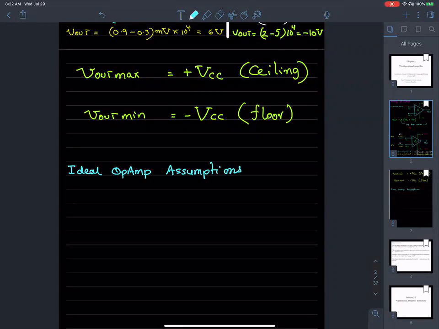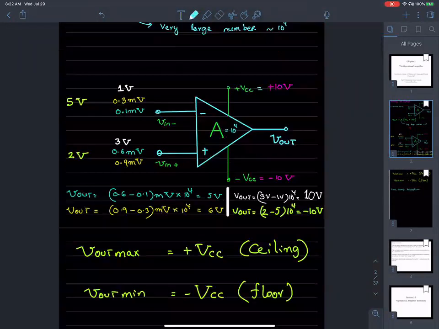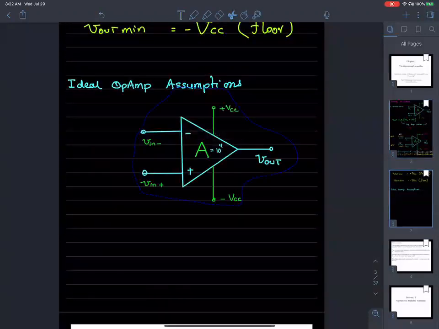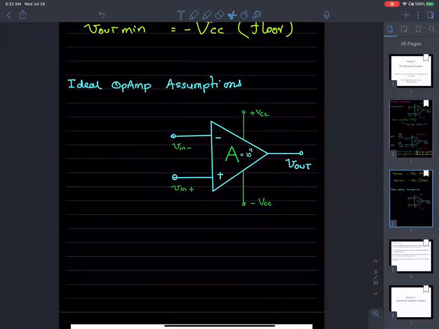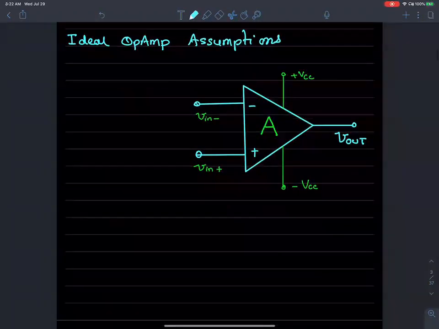Okay. When it comes to an ideal op-amp, there are two assumptions that are important to us. The first one is an ideal assumption. It does not hold true in reality.